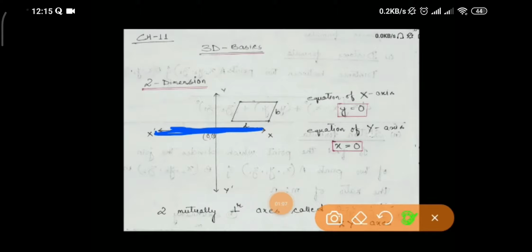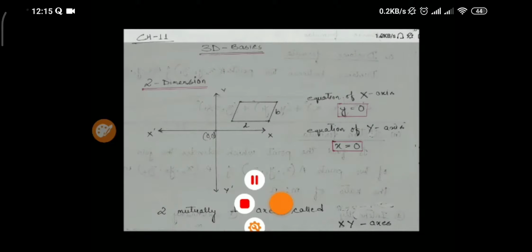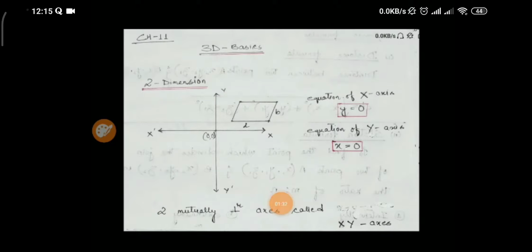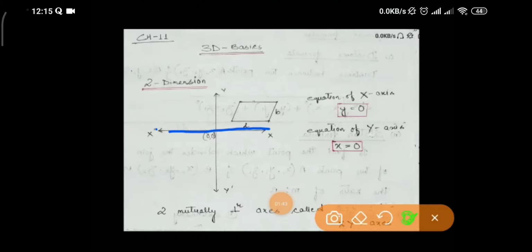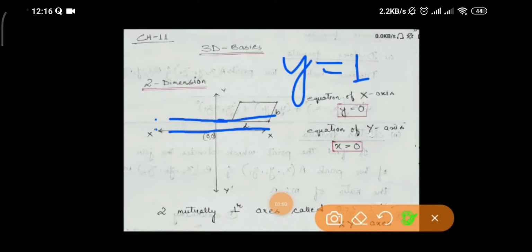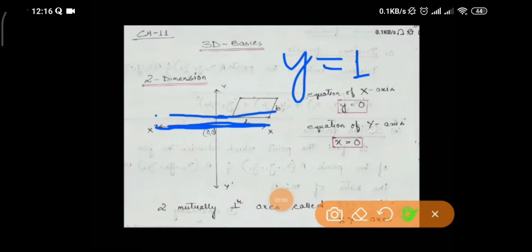Suppose if I say y equals to 1, here is the point 1, and if I want to find this line, I'll be passing a line from here. Similarly for this x-axis, I'll be passing this line from y equals to 0.